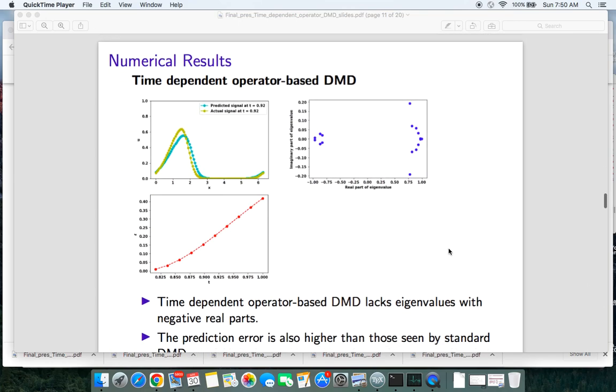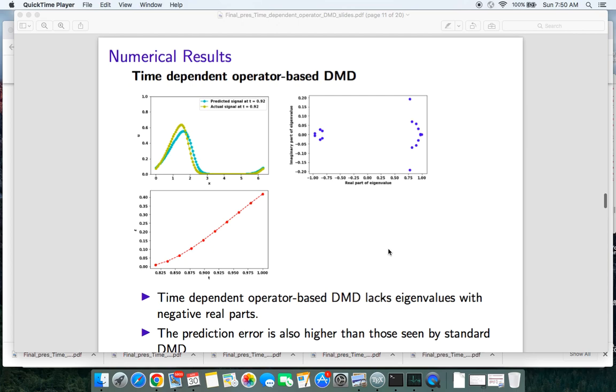And now we see how time-dependent operator-based DMD would perform. We see that time-dependent operator-based DMD is okay, but the predicted signal in this case is not as good as the one we saw in standard DMD.